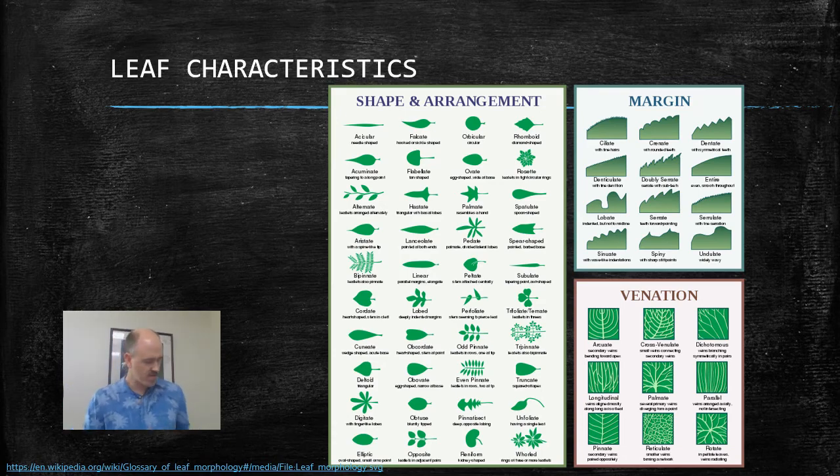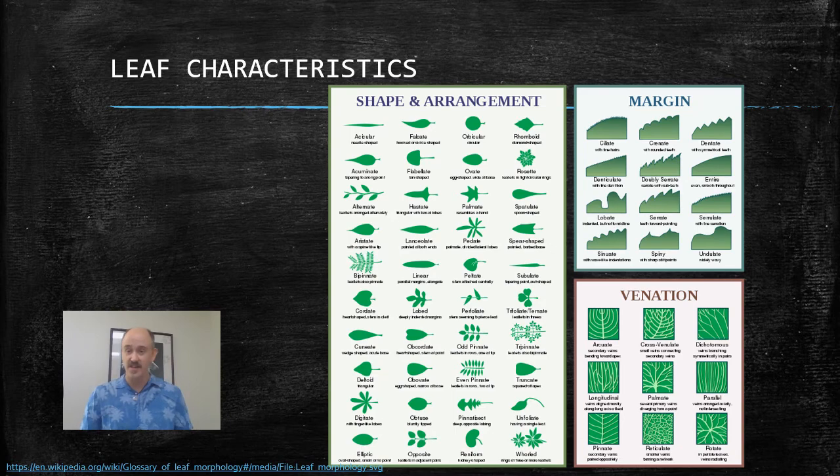If you run into a word that I haven't covered here or that doesn't fit with one of these pictures, Google it. You'll find it pretty easily. Another set of questions you might run into are about the orientation of the veins on that leaf.